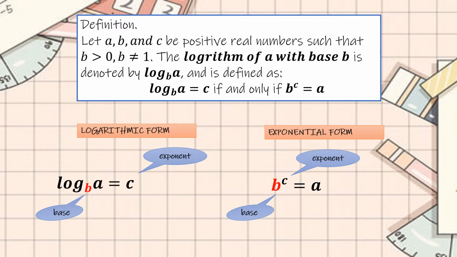Sa exponential form, pwede natin isulat as logarithmic form. Okay, so logarithm of A with the base of B is equal to C. So, kung itong logarithmic form na to, gagawin natin exponential. Okay, so yung base niya, itong B, raise natin kay C, which is the exponent. Then, equal natin kay A. Ganun lang. B raised to C is equal to A.